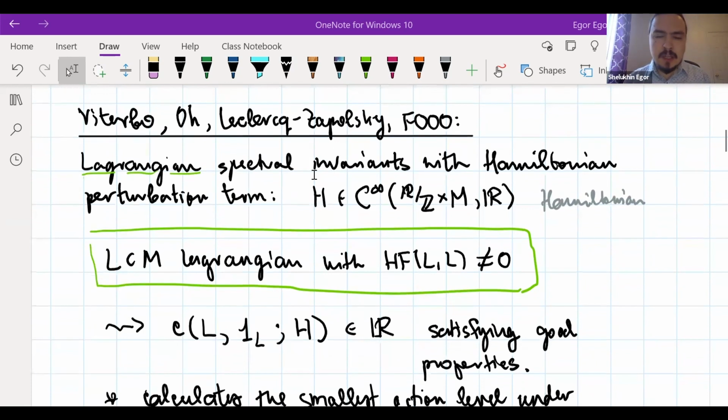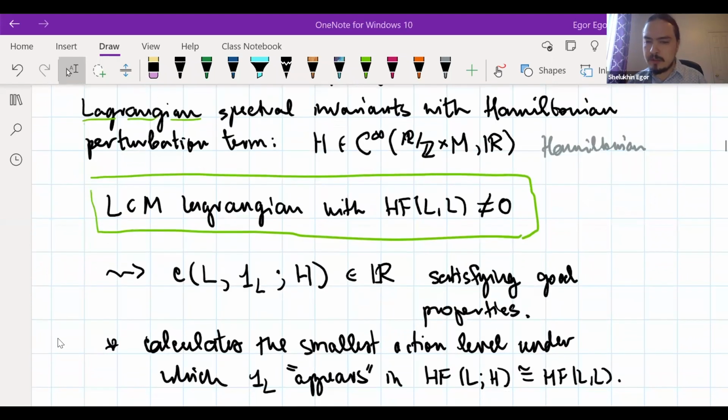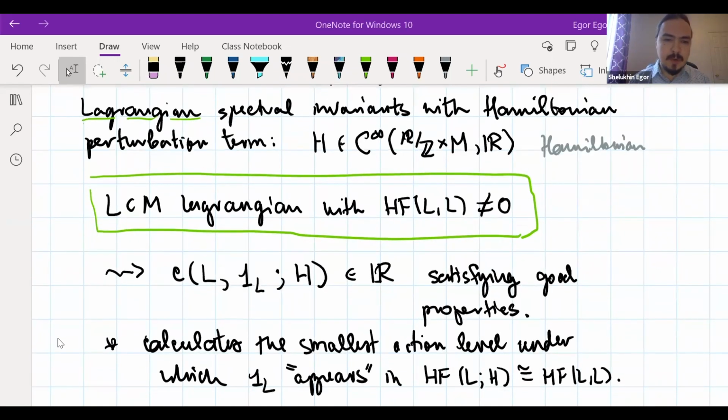Let's take a Hamiltonian on a symplectic manifold, and let's suppose we have a Lagrangian submanifold L of the symplectic manifold with non-vanishing Floer homology. Then to this we can associate a real number, the spectral invariant of the fundamental class, but it can be any other class, as long as it's non-zero.